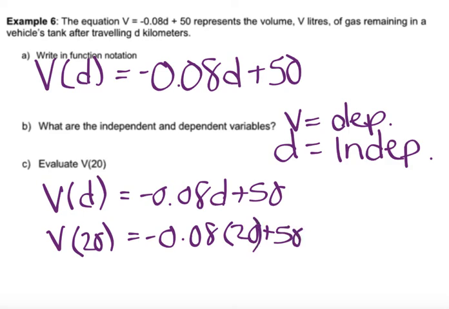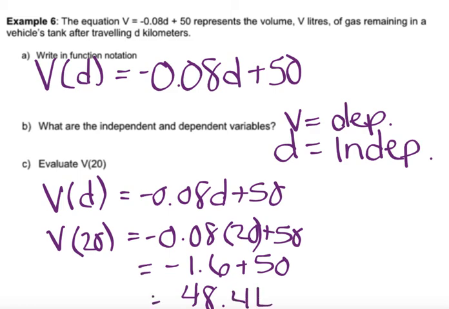So if I took negative 0.08, multiplied it by 20, I get negative 1.6, plus 50 is going to give me 48.4 liters. So after I have traveled a distance of 20 kilometers, I will have 48.4 liters of gas left in the tank.